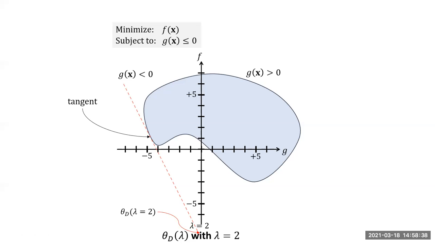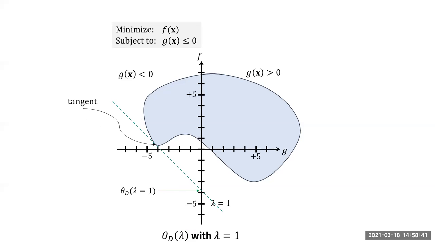Yes. And for lambda equals 1, this is the point, theta d of 1, because the slope of this straight line is -1. So for different values of lambda, I can now plot theta d of lambda. Agreed? Yes. Okay. Now, how do I find theta d star?